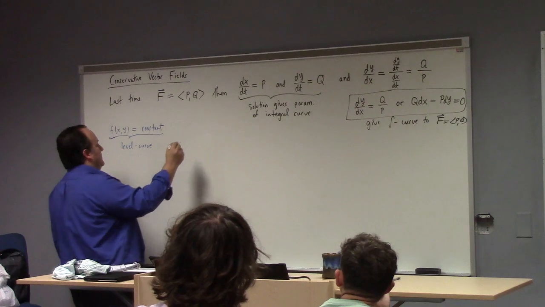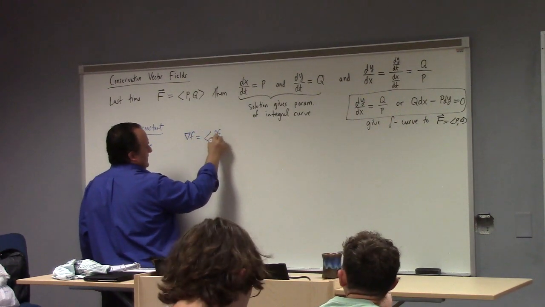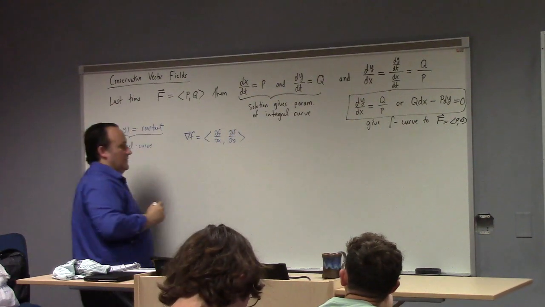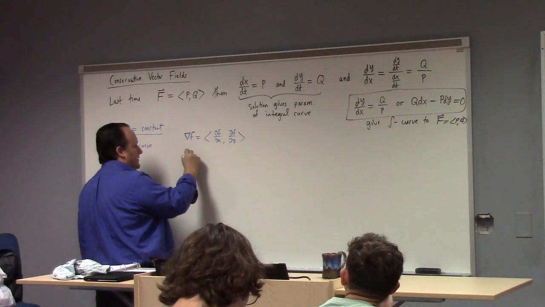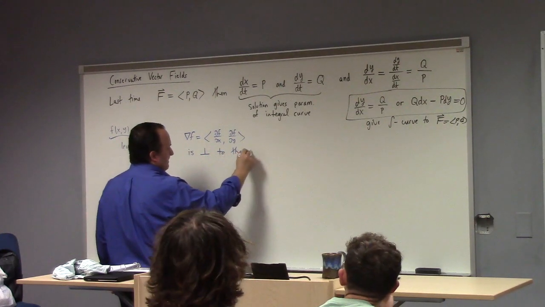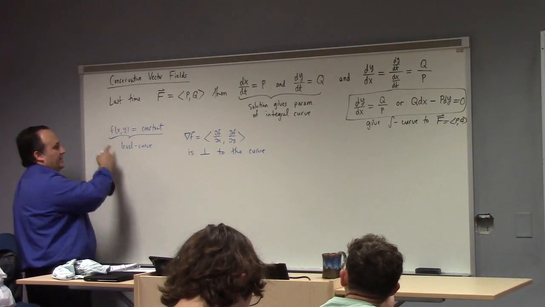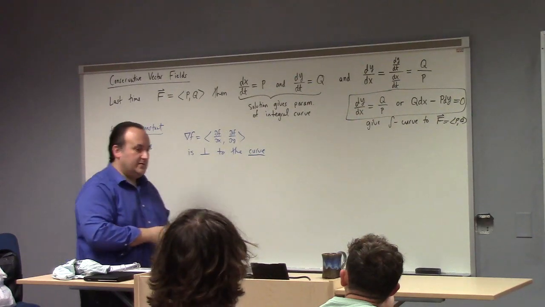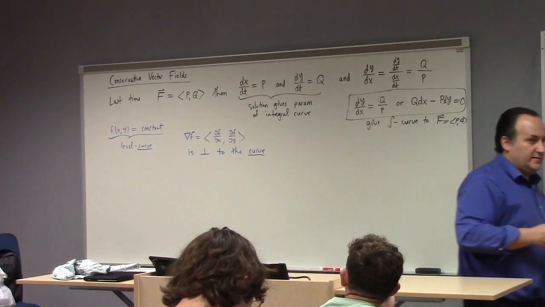And I talked about how the gradient of f, which is partial f partial x, partial f partial y, is perpendicular to the curve. The gradient vector field is giving you vectors which point perpendicular to the curve, right?